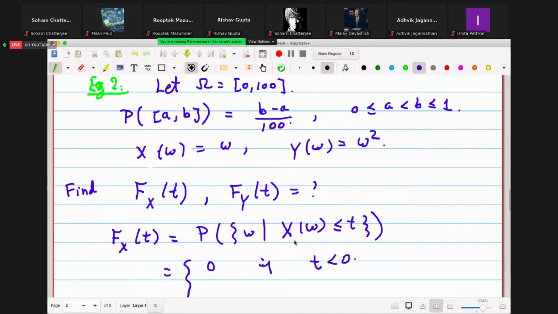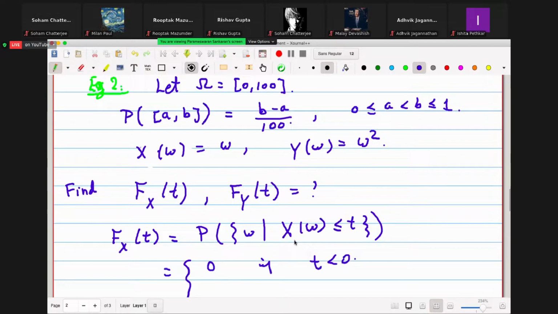And after that, of course, it is 1 if t is bigger than or equal to 100. Of course, one needs to check that this is indeed a probability. On the whole interval, it is of course equal to 1 and so on. So it's clear. Now what about F_Y?